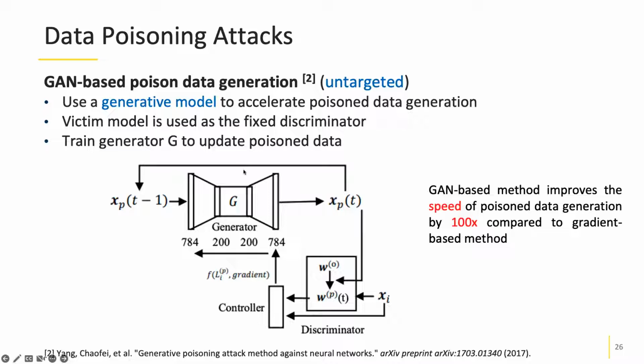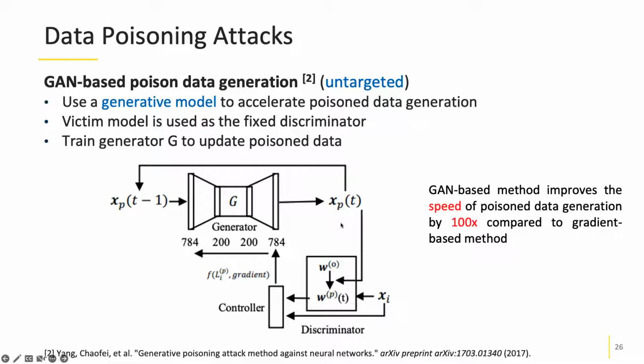The second example of a data poisoning attack is a game-based approach for poison data generation. In this paper, the adversary used the victim neural network as the fixed discriminator and trains a generative model to produce poison samples that can be used to fool the victim model.